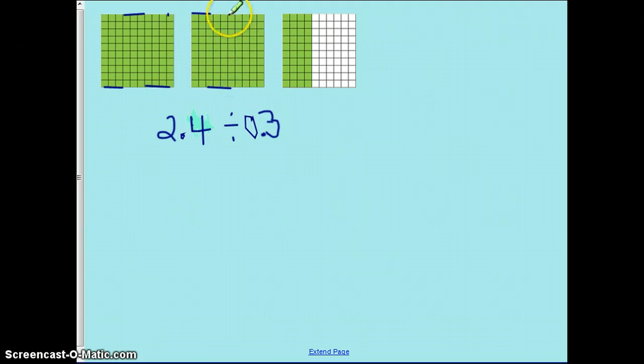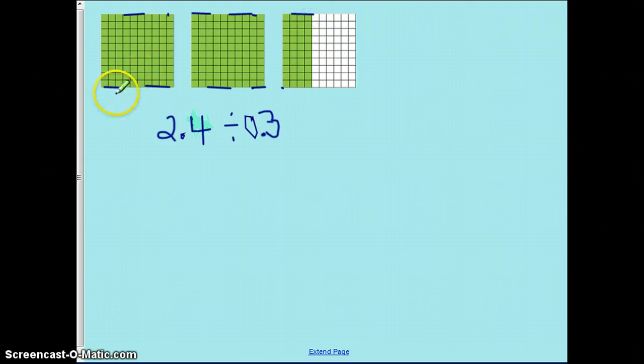You should be doing this too. 1, 2, 3. 1, oops, forgot. 1, 2, and 3. And luckily, there's 3 left over.